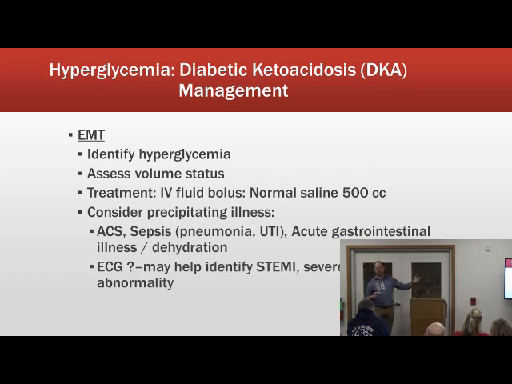Same thing with pneumonia, if they're febrile, they've got a productive cough, all that. Because when they get to us, they may not be able to tell us much, and maybe there's no family there. So if you can get any of that information, very helpful. Think about what the trigger is for them having DKA now. Or maybe there's also self-harm, or other reasons people do things. So any history that you can provide related to those triggers is great.